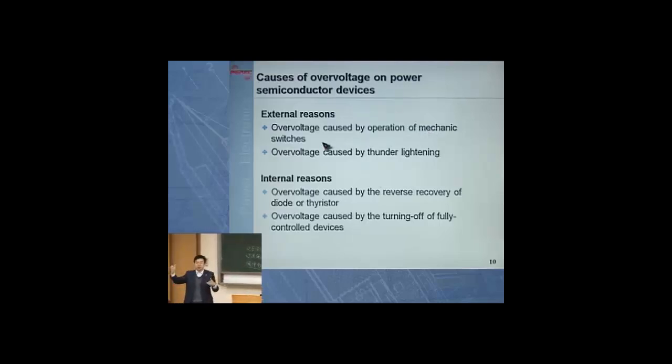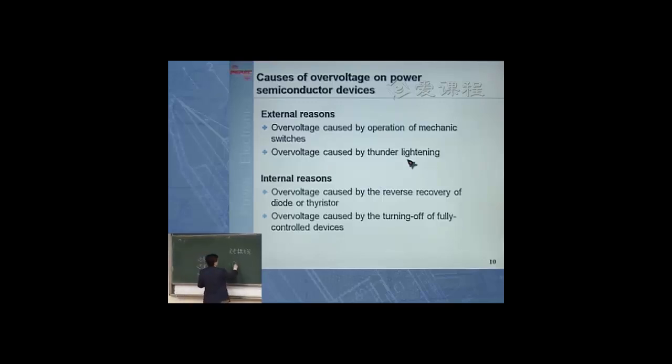When a circuit breaker turns on or turns off, that operation may cause over voltage across the power converter. And when there's a lightning, pay attention, lightning is different from lighting. Those two are different things.